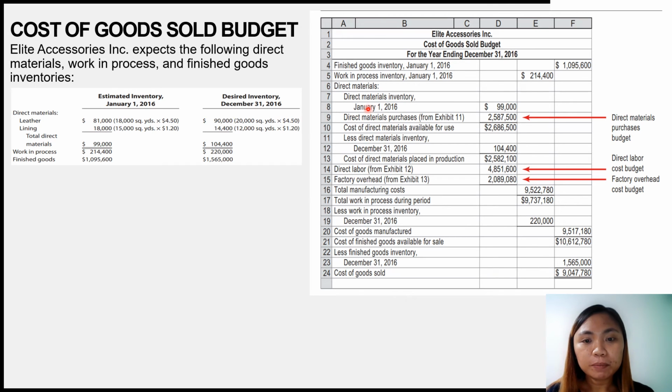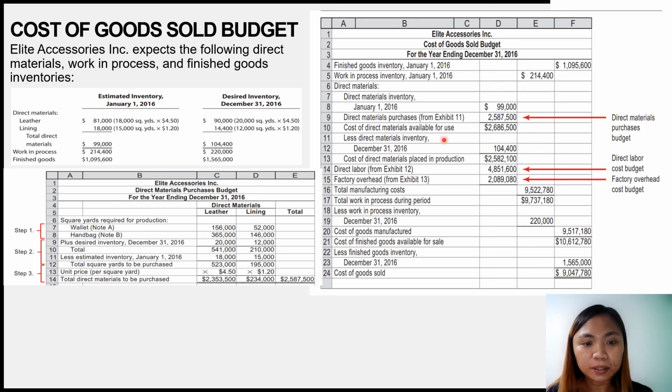For the direct materials, the formula to compute for the cost of direct materials placed in production is direct materials inventory beginning of $99,000 plus direct materials purchases of $2,587,500. We have computed this earlier in the direct materials purchases budget.